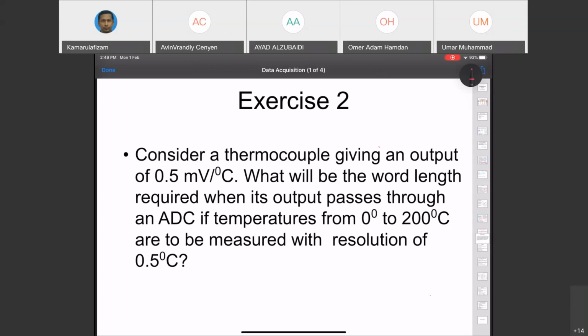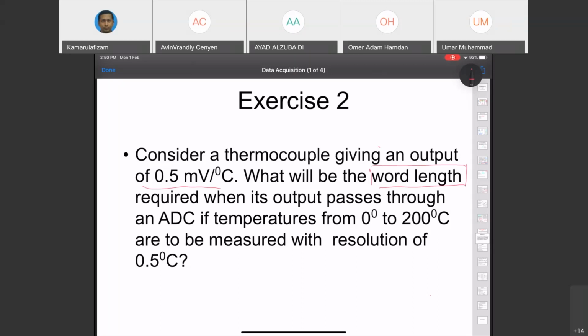Okay, we have first information is the transfer function of the sensor. And we are asked to find the word length. Here, word length would refer to the number of bits to represent the whole system. They say the temperature is from 0 to 200 degrees Celsius.